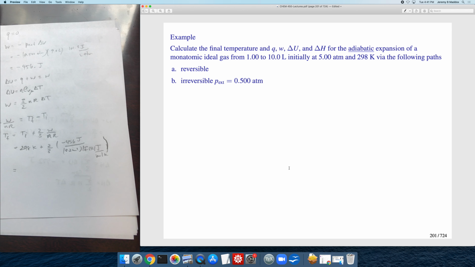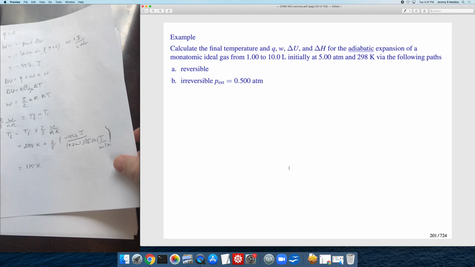Times 2/3, and then we're going to add to that 298, and so the temperature drops down to 115 Kelvin. So that's our final temperature.